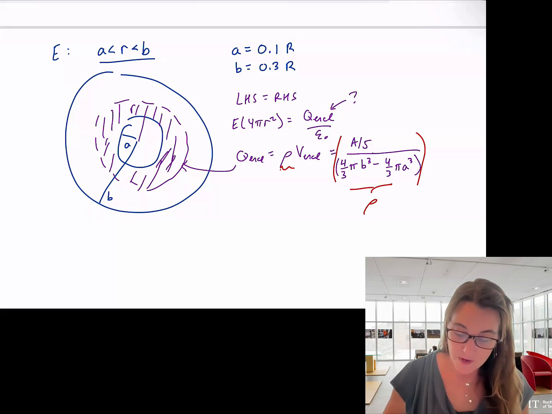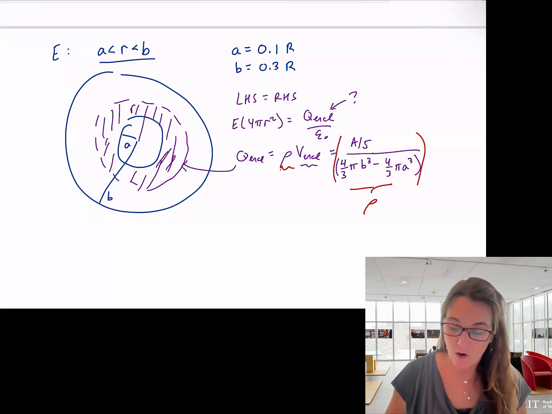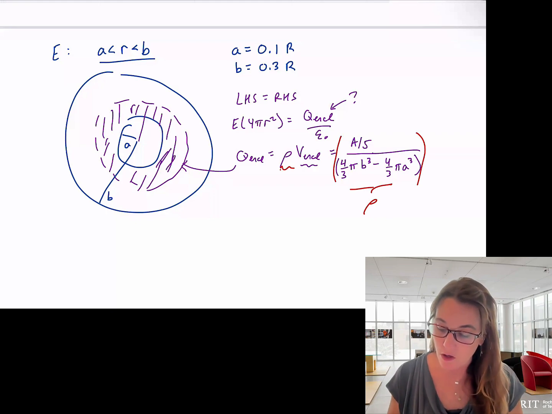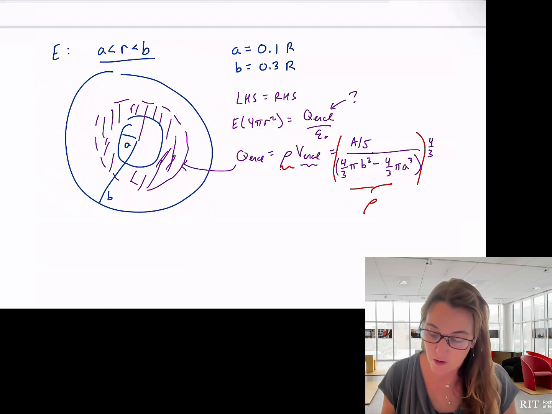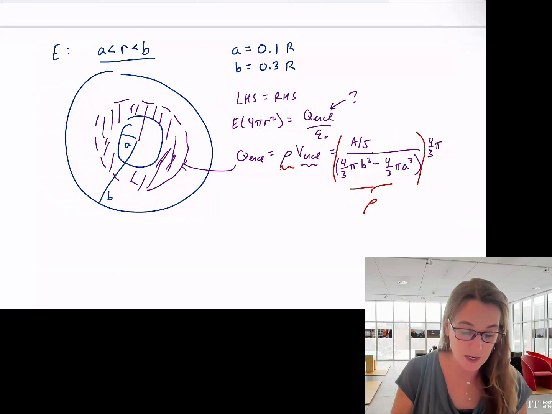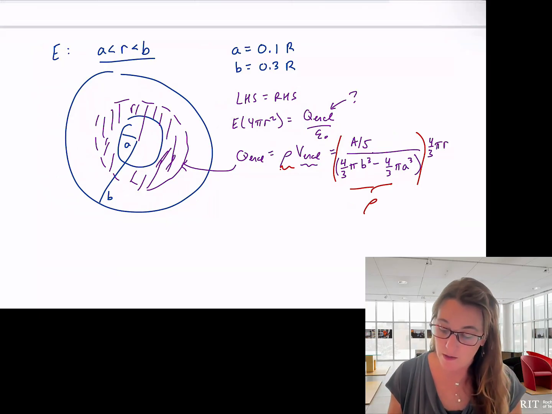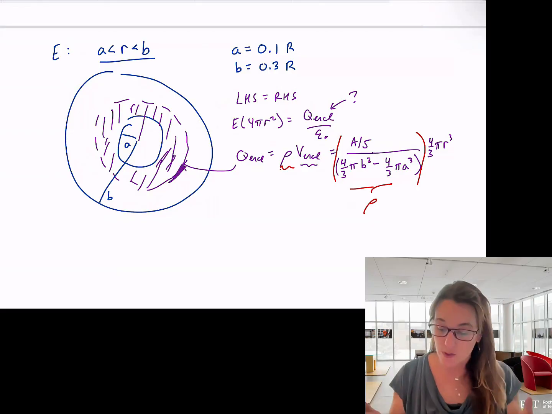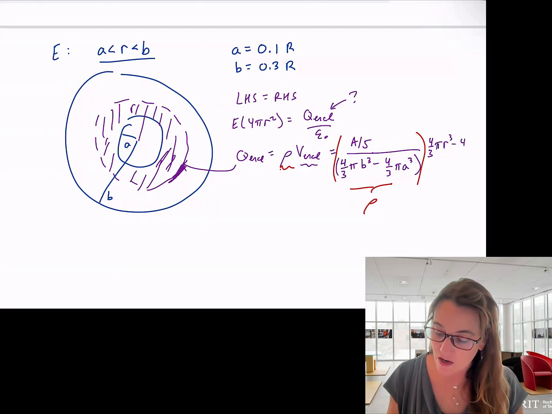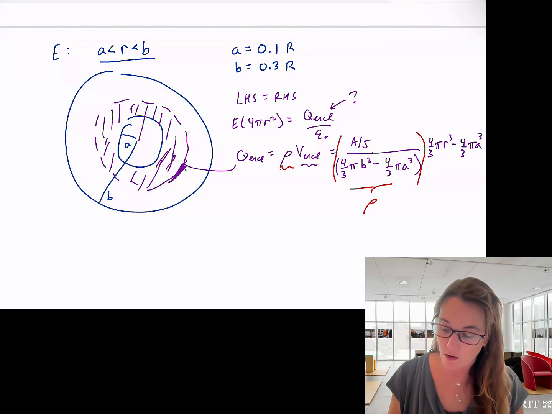And then I would have my volume enclosed, and my volume enclosed is simply going to be equal to 4/3 pi little r cubed, because now I'm only going to the Gaussian surface, and then still I have to subtract off the hole, so 4/3 pi little a cubed.